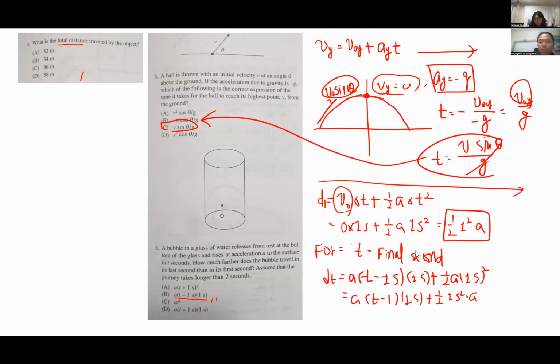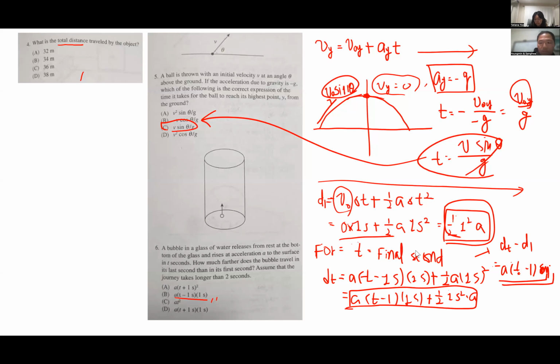So the distance the bubble travels in the last second compared to its first second is dt minus d1. Obviously, if you take this one out of the dt, then that is a(t minus 1) meters. All right. So that is B.